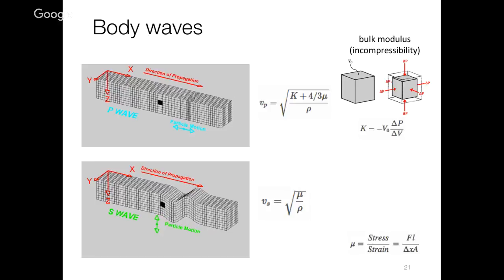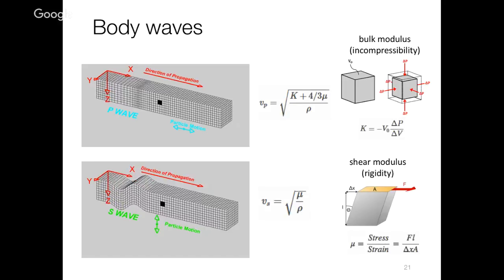This is perhaps an equation that you would have seen. The bulk modulus tells you how much something changes in volume when you change the pressure. And the shear wave velocity just depends upon the shear modulus and the density. So rigidity, shear modulus. Here are the physical properties that we're interested in. These are elastic parameters, and they're important because of how they interact and tell you about how fast a particular wave is going to travel through the Earth.